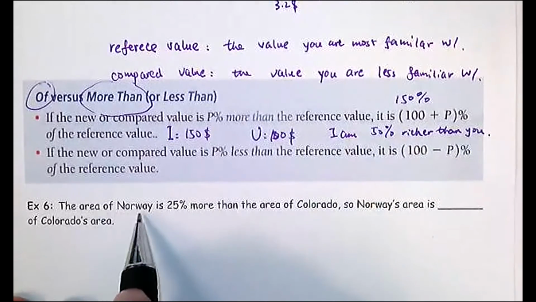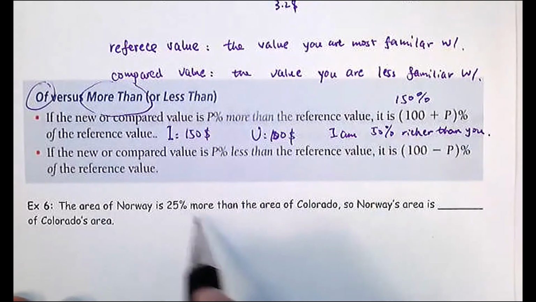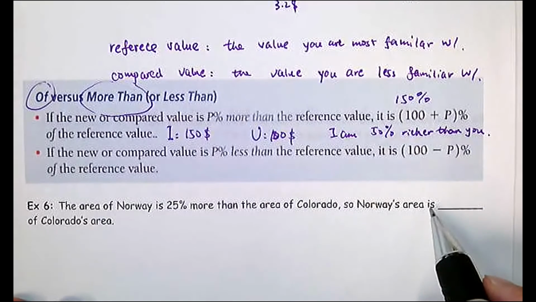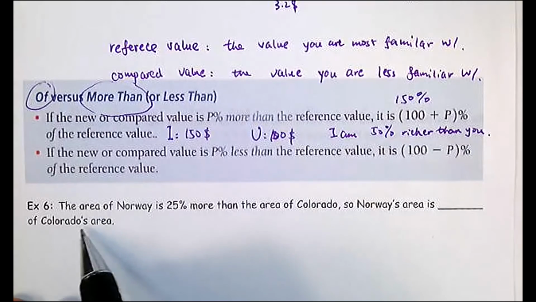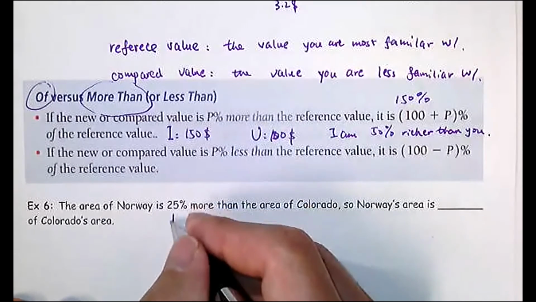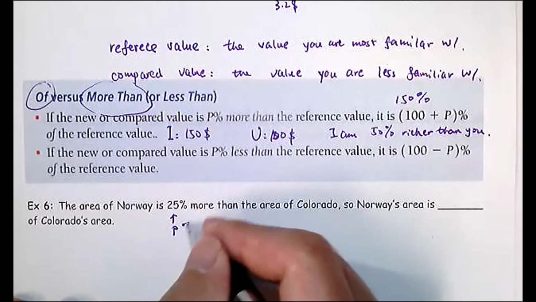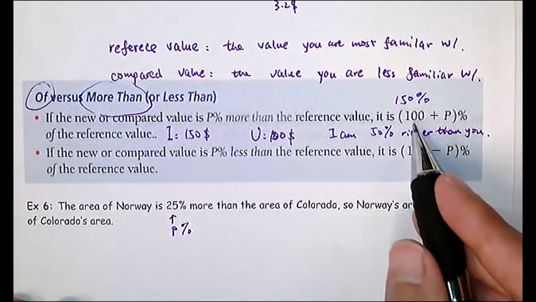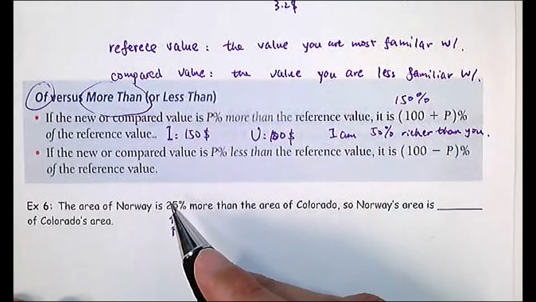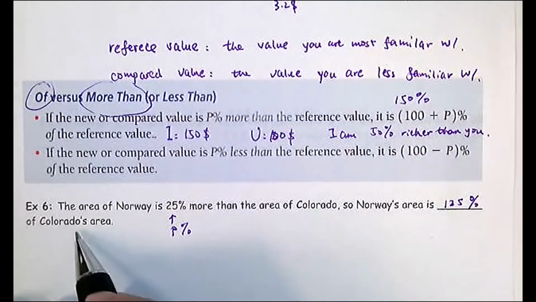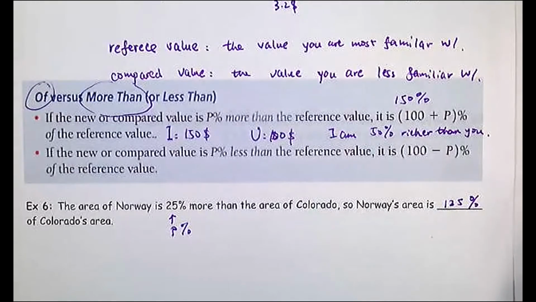The area of Norway is 25% more than the area of Colorado. So Norway's area is how much of Colorado's area? So this is our p%. So Norway's area is 100 plus p, which is 100 plus 25. So 125% of Colorado's area. Okay.